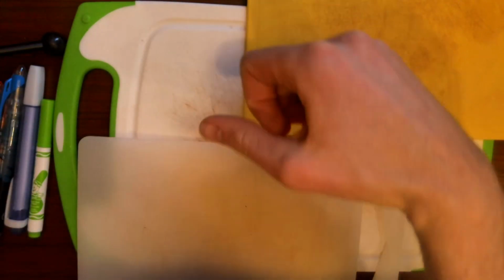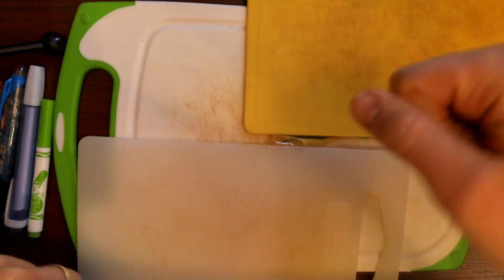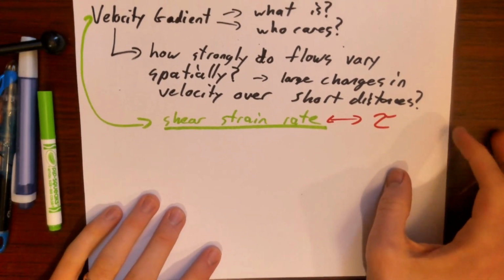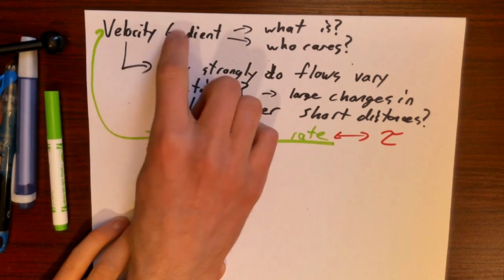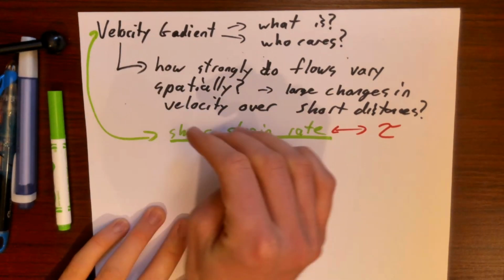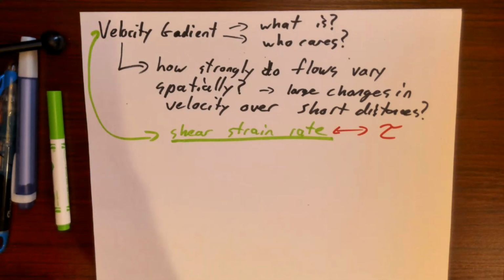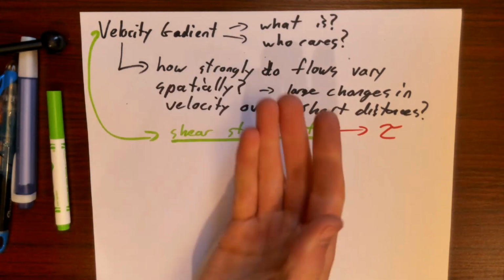And we also suspect that I needed to apply some force to move these plates, so there's shear stress associated with this flow as well. So, qualitatively, we might say there's a velocity gradient when flow varies spatially, i.e. we have faster moving particles at the top compared to the bottom, right? So that's kind of what it is.